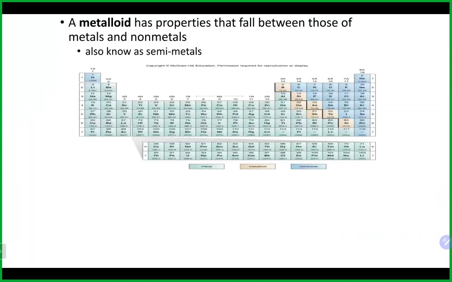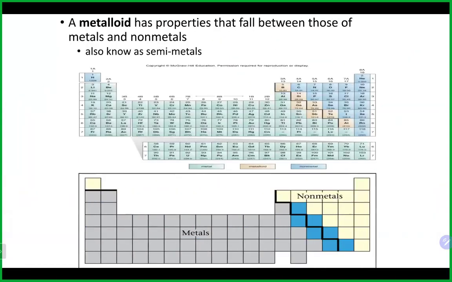The staircase there, some books include boron and some don't. I don't think yours does, but coming down here, oh, I missed my staircase there. That is our metalloids. Those are also sometimes called semi-metals. These are elements that have characteristics that could fall either way from where they're sitting.